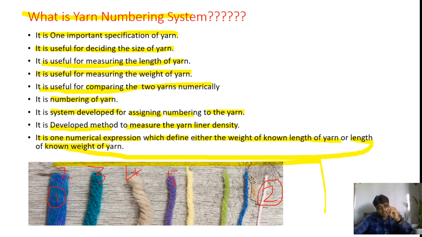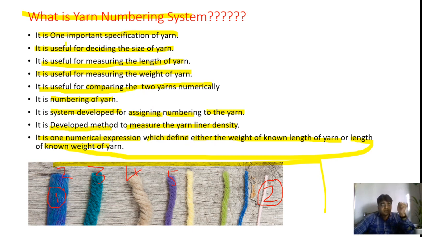Any given yarn number is going to define either the weight of that particular yarn or, in other words, the length of that particular yarn. Either of these two things it is going to define. So this is the definition of the yarn numbering system.